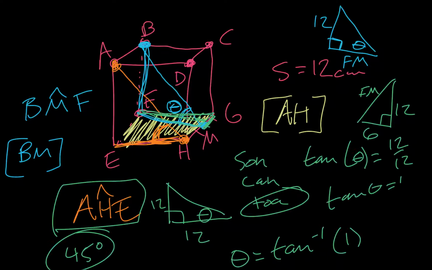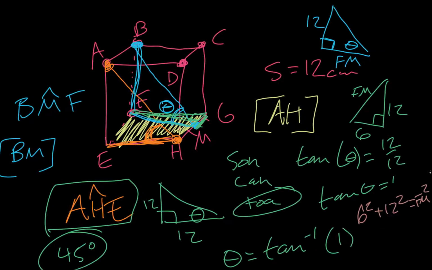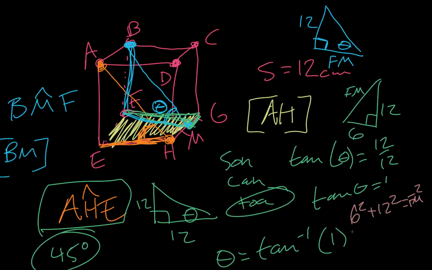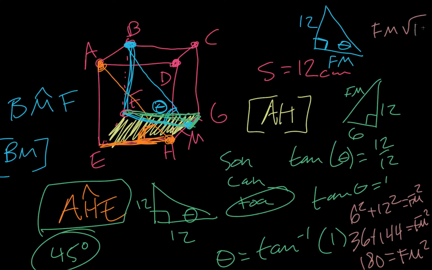So 6 squared plus 12 squared equals FM squared. Move that over a little bit. So 36 plus 144 equals FM squared. Let's see, that makes it 180 equals FM squared. And so FM is the square root of 180.